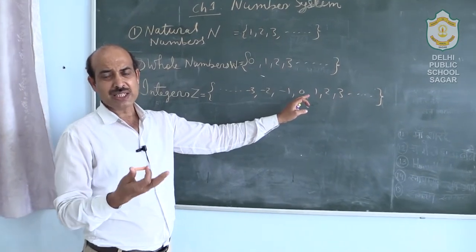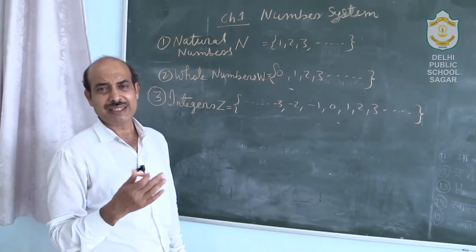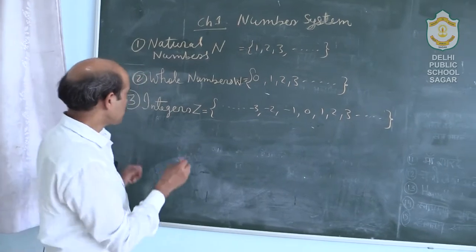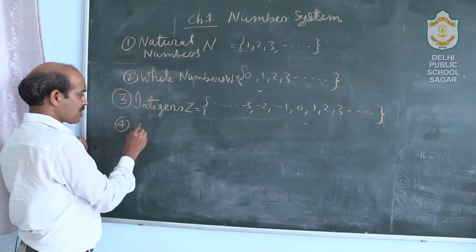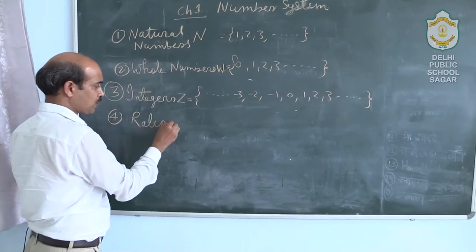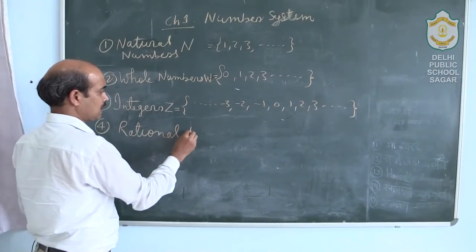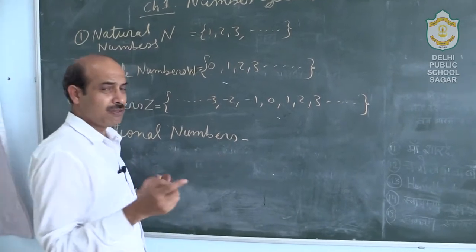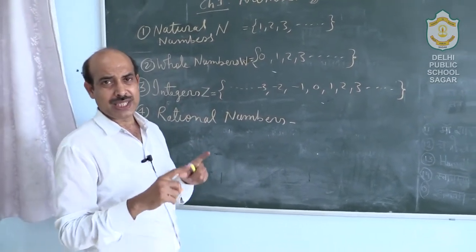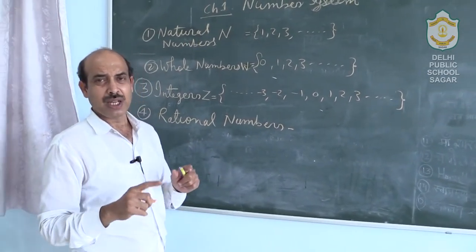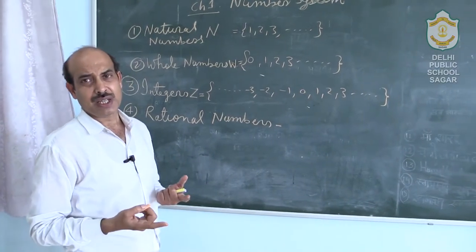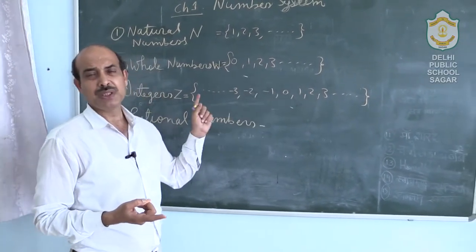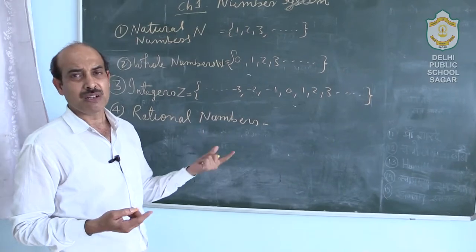After 1, the next integer is 2, but it is not the case for rational numbers. So for rational numbers, we have to define first what a rational number is, and then we will write the group of numbers in a little different way.